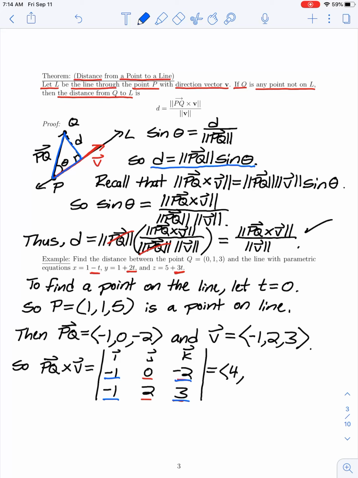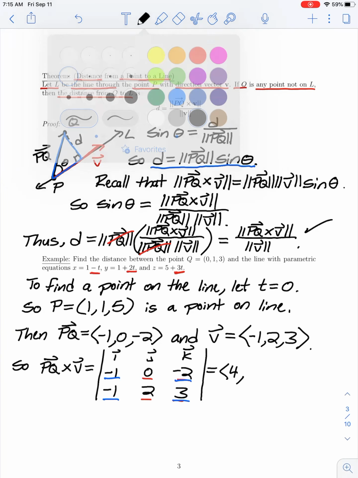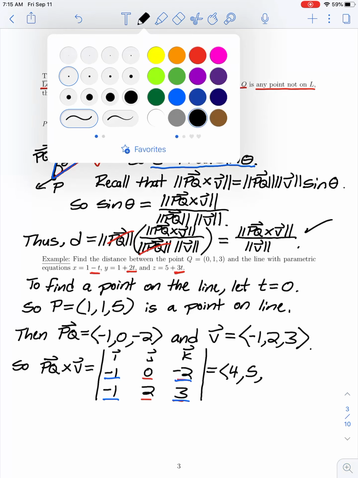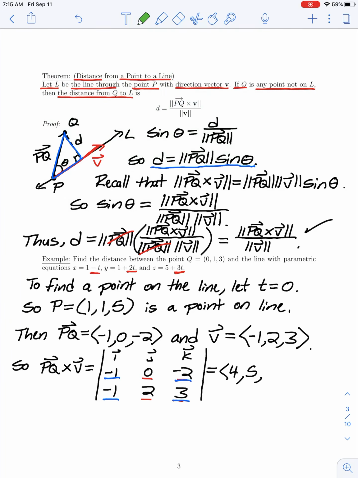So here we would have 2 minus a -3 is 5. And then for our k component, we would take the product of -1 and 2 minus 0 times -1, which gives us -2.